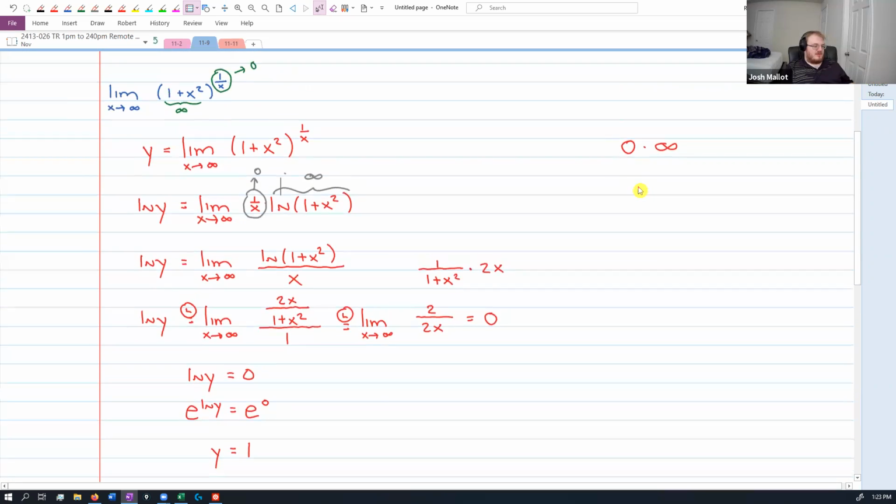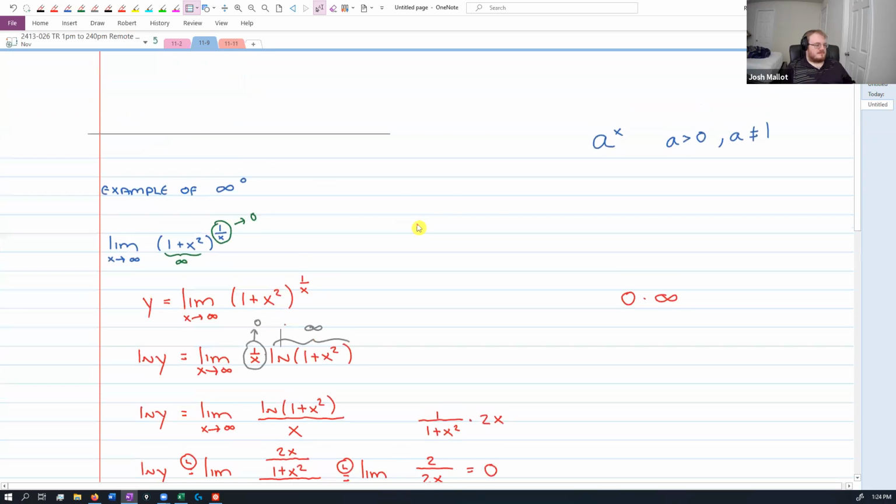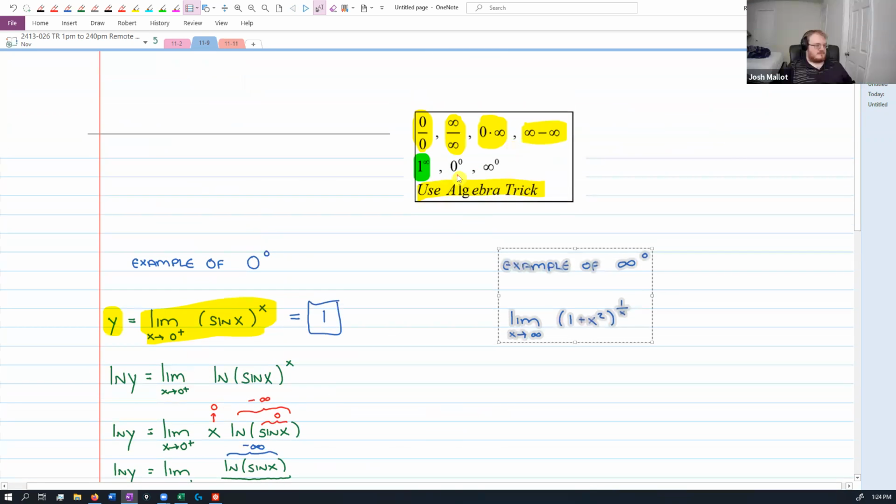Now, does this prove that infinity to the power of 0 will always be 1, or does it really depend on the equation? It depends on the actual function itself. We're not saying anytime you see infinity to the 0, you get 1.